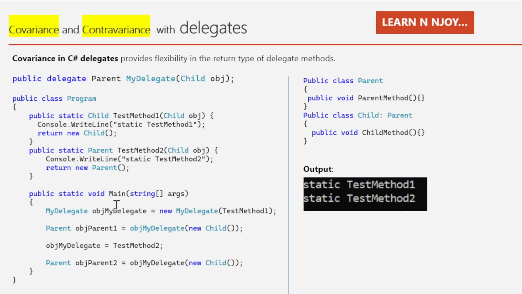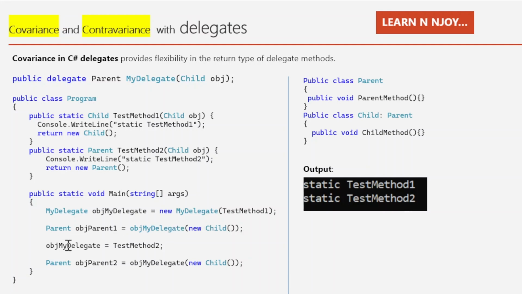It instantiates the myDelegate and assigns test method 1 to it in its constructor. Then it makes the direct call to the method via the myDelegate object while passing the input parameter as a child object, and that's what I have written: obj myDelegate new child, and then we are storing it into this reference of the parent class. That's what I have written: parent obj parent1 is equal to obj myDelegate new child.